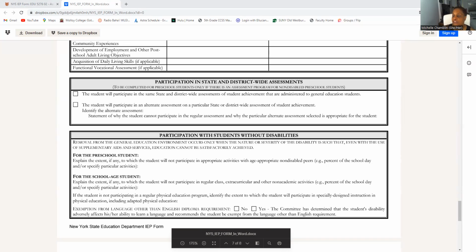So the New York State form is recommended, but there are companies that actually help do IEPs, so they're computerized. So this happened to be a computerized IEP program that this and many other districts use.